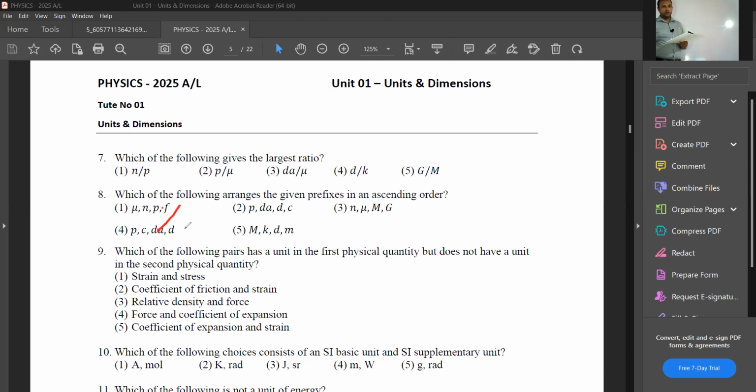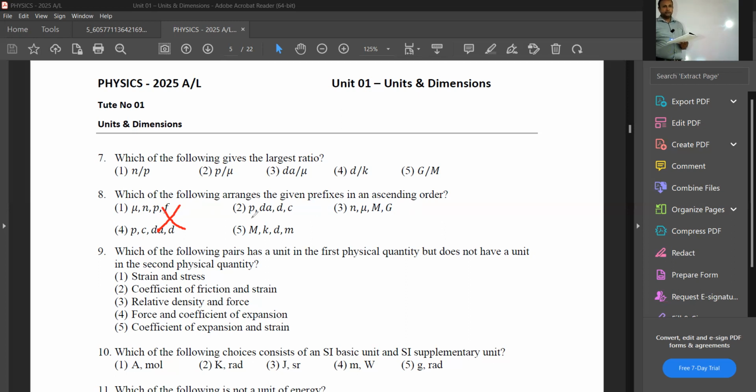So you can neglect this answer, because if I arrange in ascending order, the smallest one should be written first. So you can reject this answer.